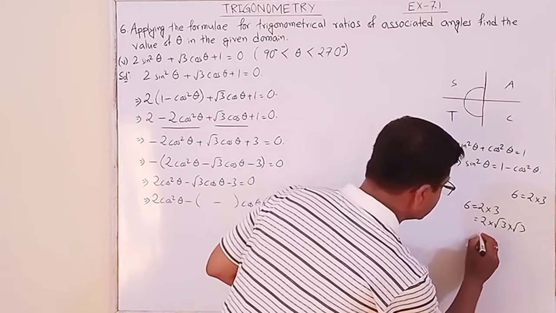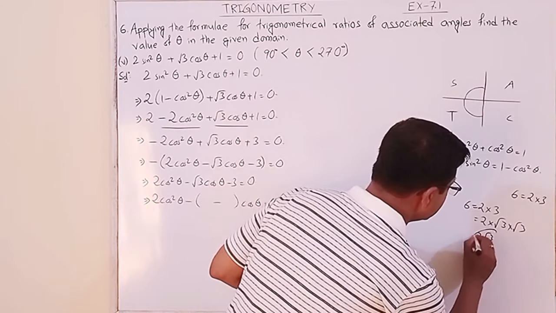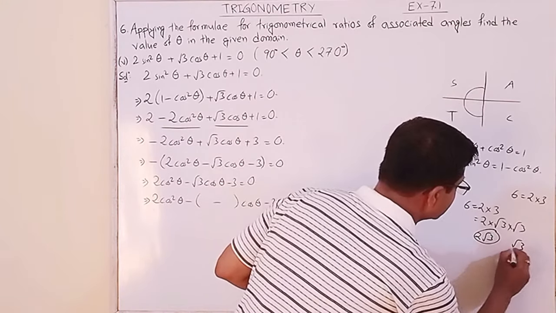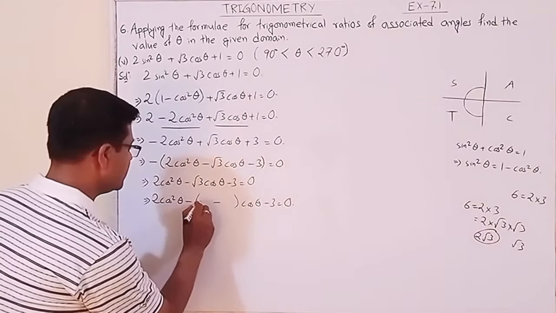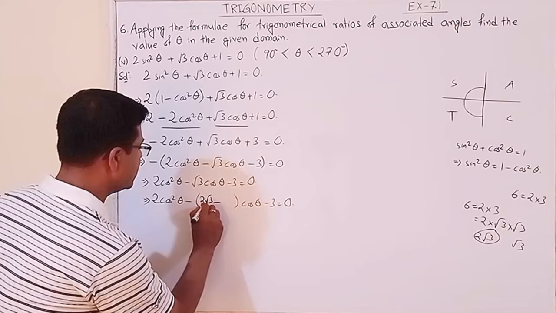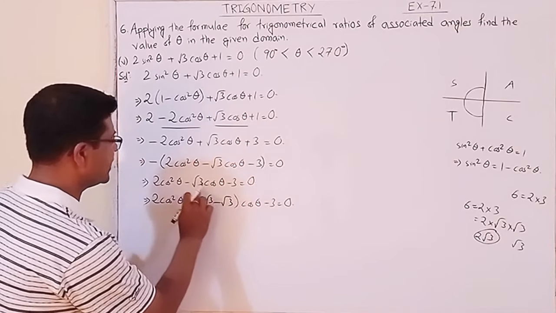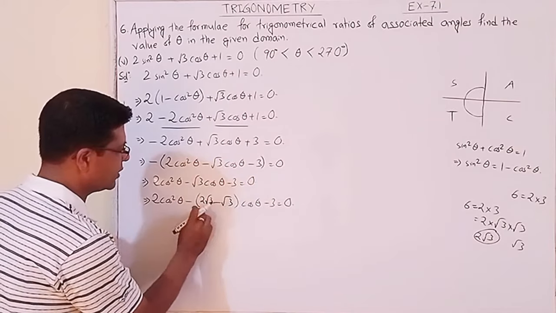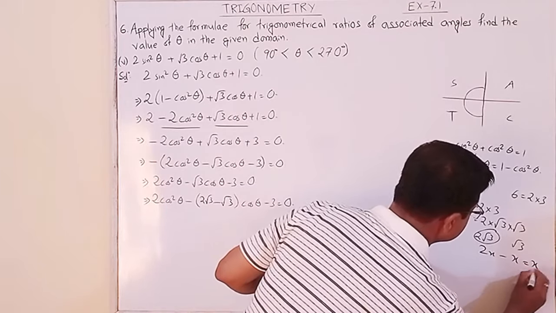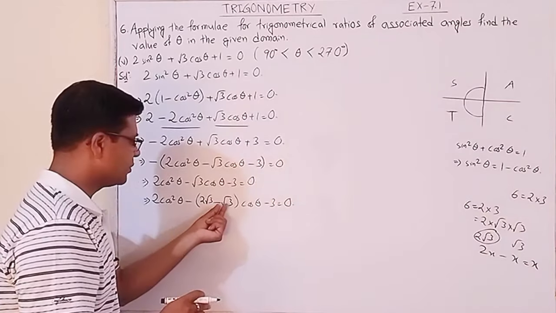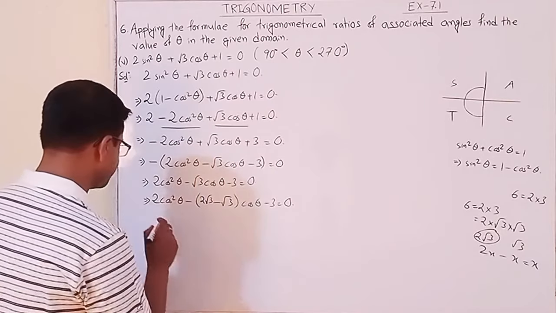How will we get it? These are the two factors, 2 root 3 and root 3. Their difference is twice x minus x. If you didn't understand, twice x minus x is equal to x.